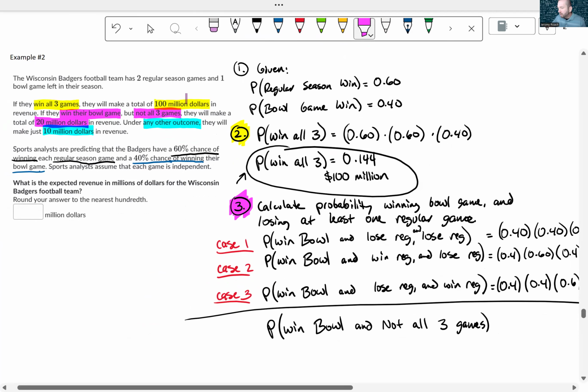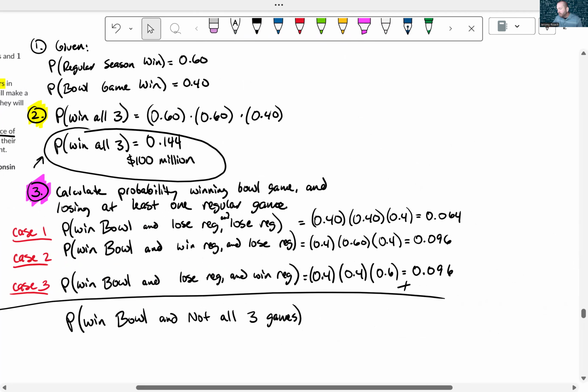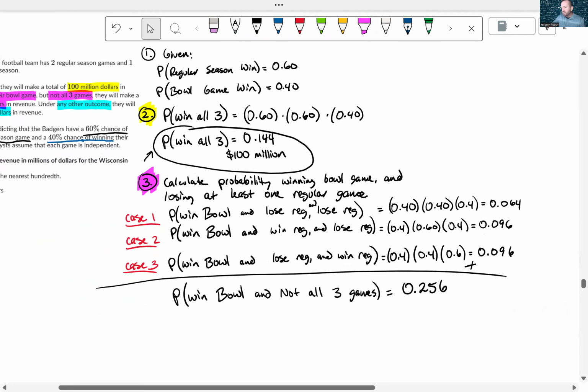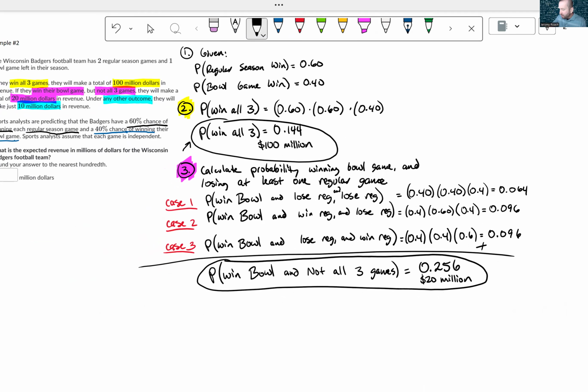Let me color code that a little bit better. When we add all of these probabilities together, 0.064 plus 0.096 plus 0.096, we get 0.256. I think it said $20 million for that one. Yep, so that's our probability of $20 million. We'll circle that.